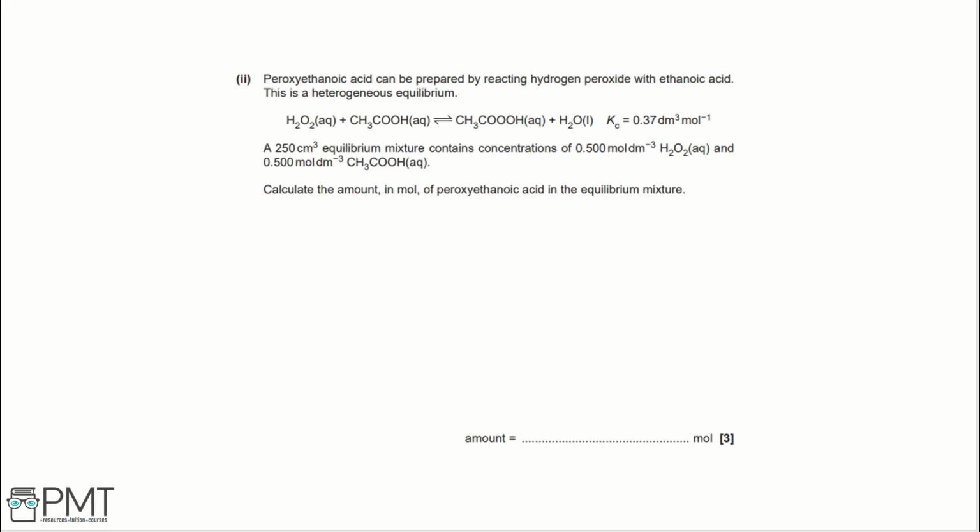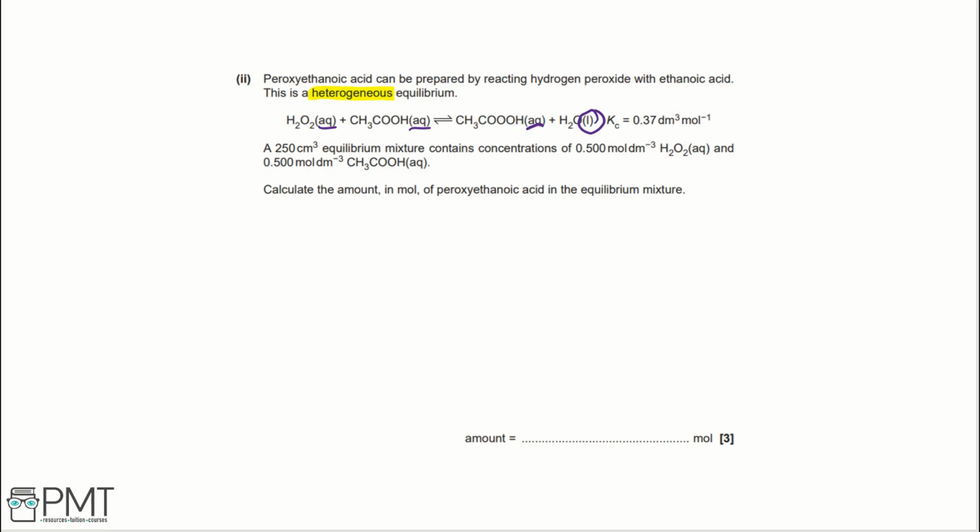Calculate the amount in moles of peroxyethanoic acid in the equilibrium mixture. So firstly, we need to understand what this question means. A key word in this question is heterogeneous. Heterogeneous means that it's in different states. We can see this in the equilibrium that we've been given, because water's a liquid here, peroxyethanoic acid's aqueous, so is ethanoic acid and hydrogen peroxide.